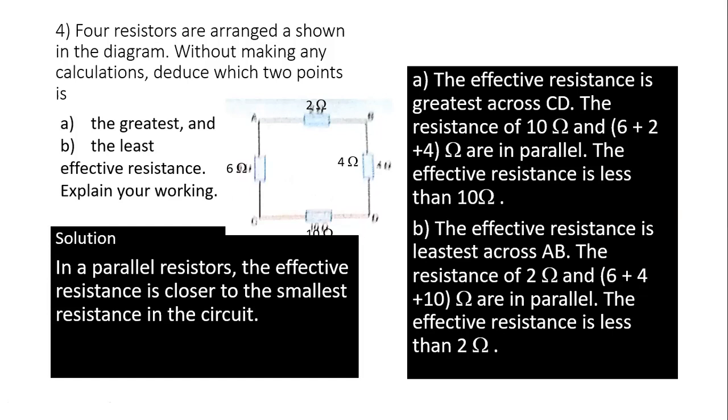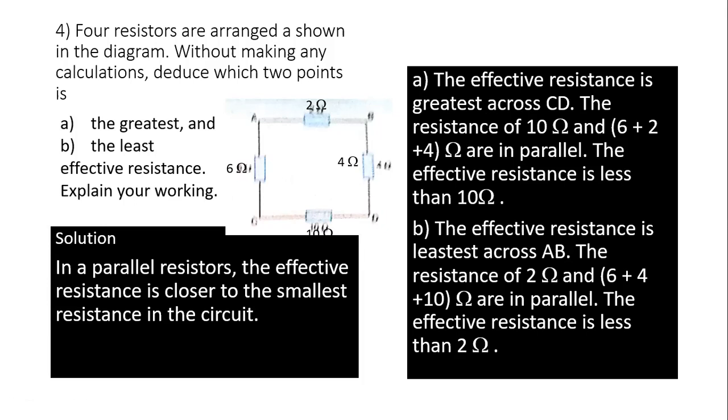Okay, what is the problem? No, actually, because the 6 plus 2 plus 4, they are bigger than 10. Then your effective resistance is less than 10. The greatest one is 10. Then 6 plus 4 plus 2 is 12, you don't have to calculate it out.